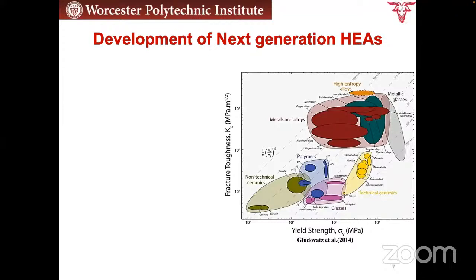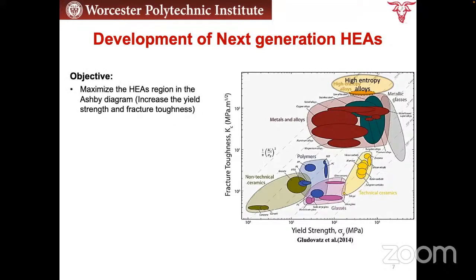This is the area for the roughly 200 high entropy alloys discovered at that time. After that, a lot more high entropy alloys were discovered, and this is what we think: we can expand this oval to here. This is a logarithmic scale, so both toughness and strength will greatly increase. This shows that compared with traditional metals and alloys, high entropy alloy is a very interesting area you can work on.